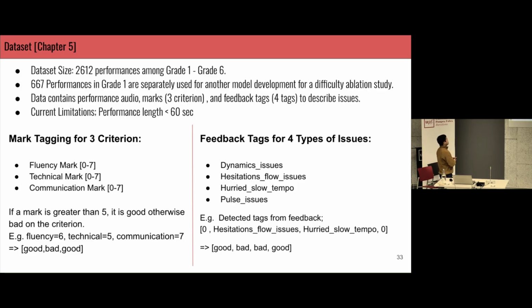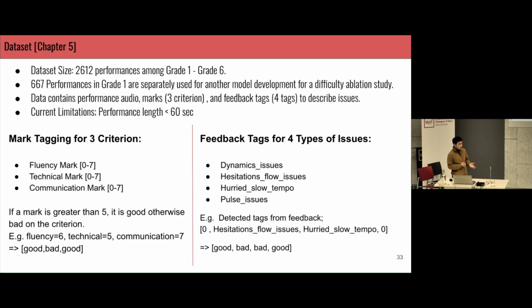One big group of tagging is the mark tagging, which consists of fluency, technique, and communication marks. Fluency indicates the flow of constant key control, and technique indicates the control of rhythm and pulse with flow of excerpt, which is like tempo-related marking.